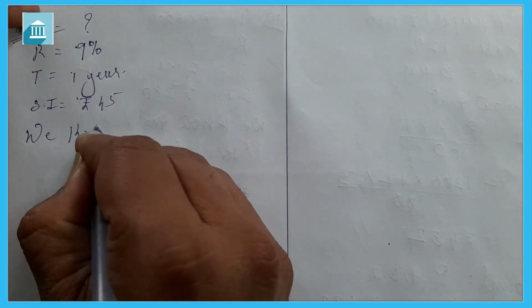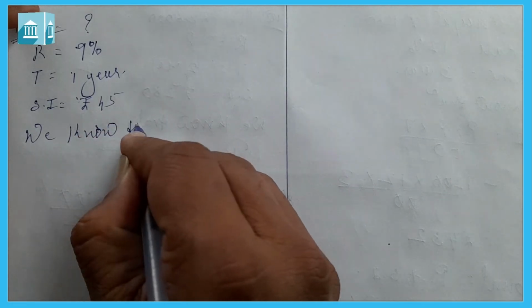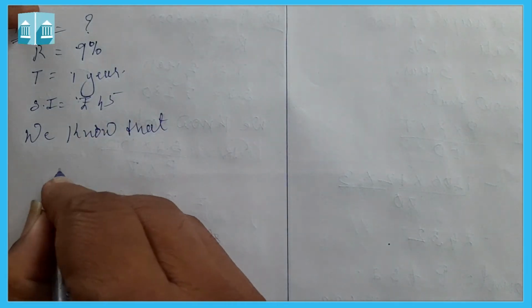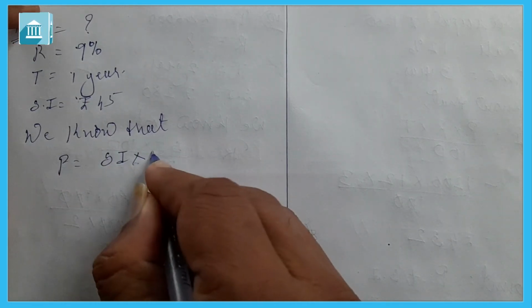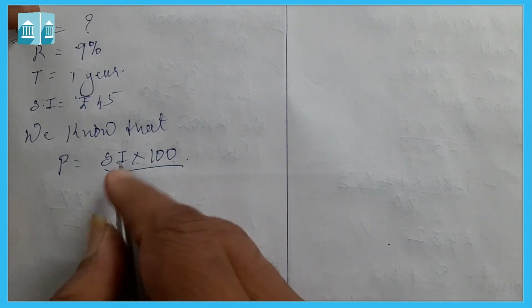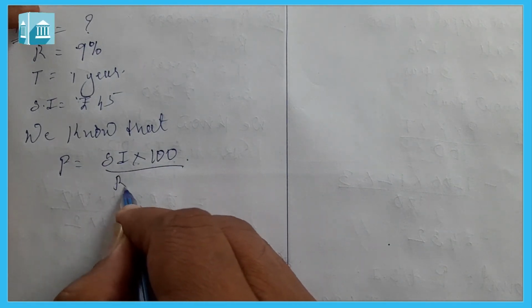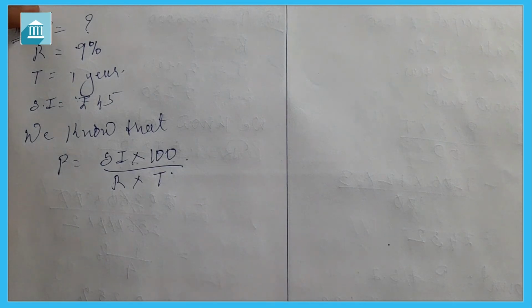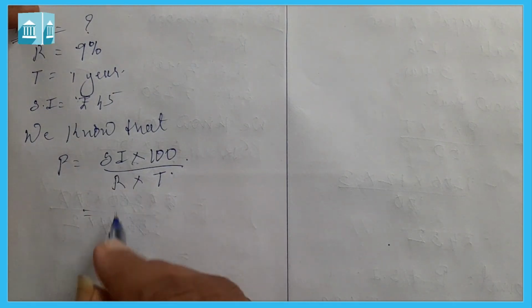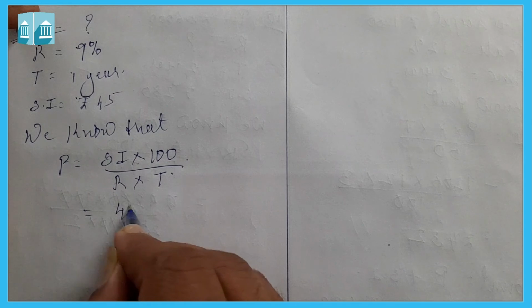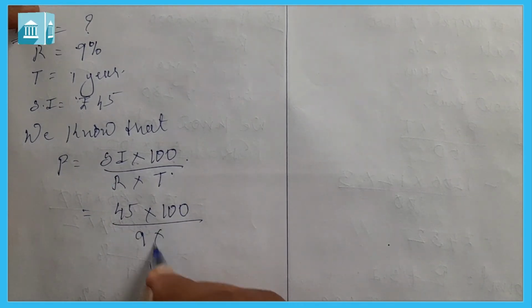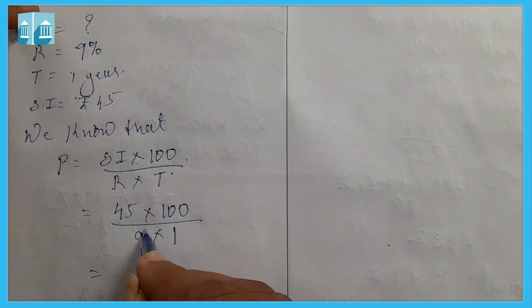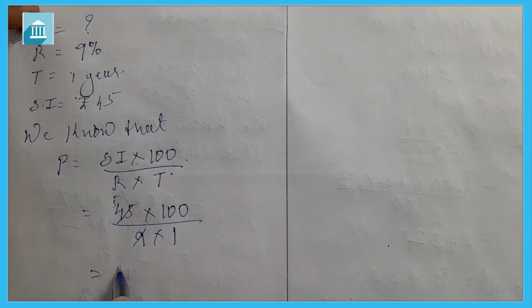So we have to find the principal. We know that P is equal to SI into 100 upon R into T, which is equal to 45 into 100 upon 9 into 1. 9 5s are 45, so which is equal to rupees 500.